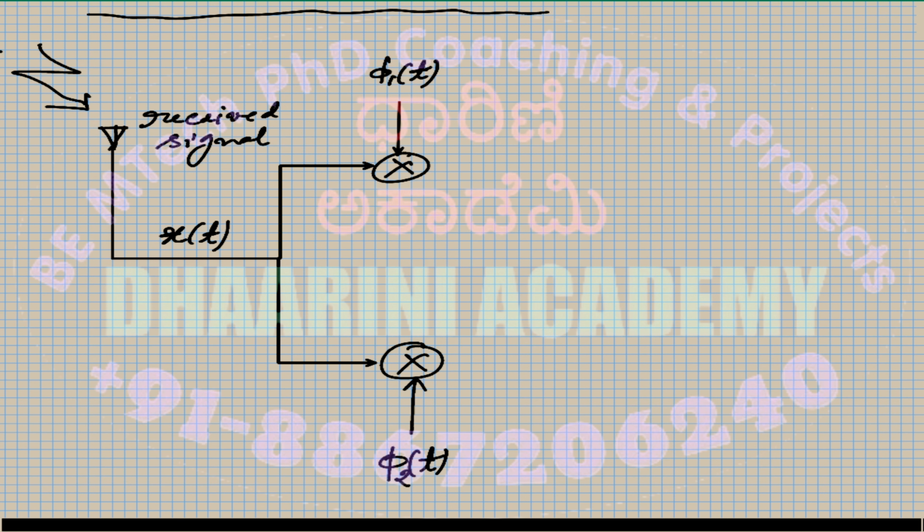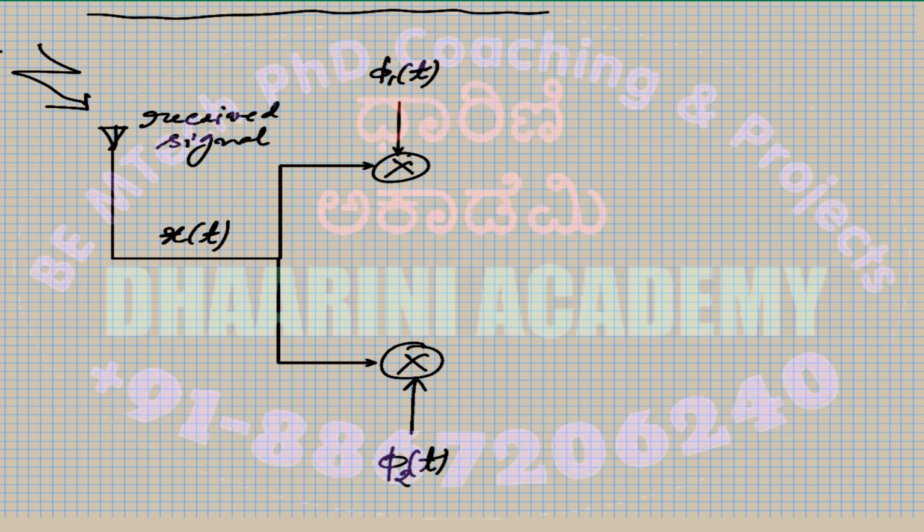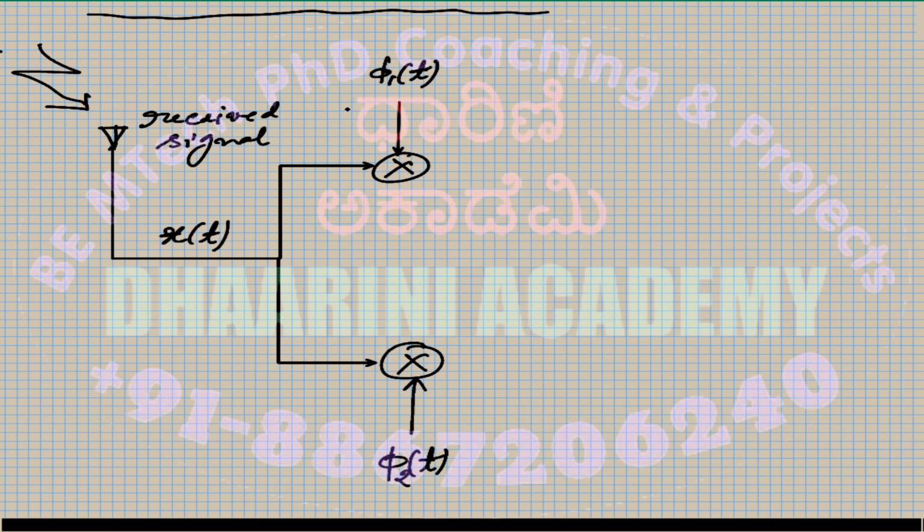We are going to apply the similar idea here. Whenever I multiply by phi1 of t, if there is a phi1 component in the received signal, that gets multiplied to give that 1, which gives me the original signal back.